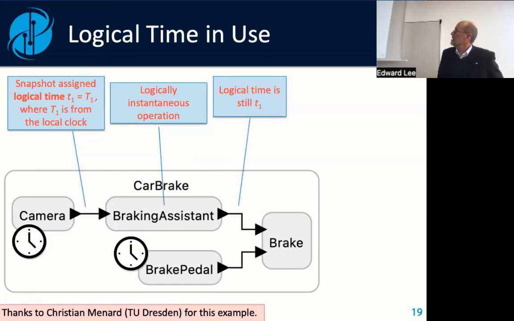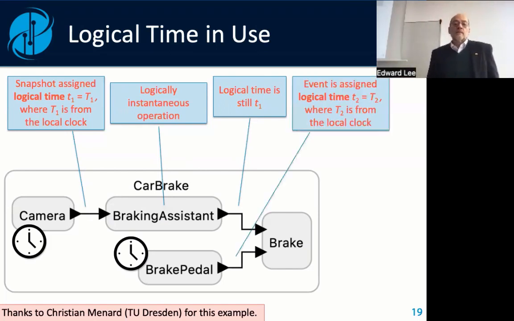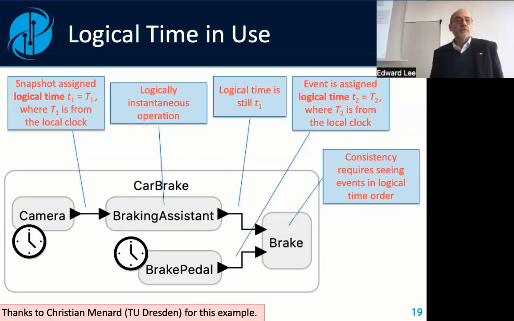So the result of that is an event whose logical time is still T1. The brake pedal assigns a timestamp to the press event, and it's a new timestamp based on its own local clock. And now strong consistency requires the brake component to process those events in timestamp order.